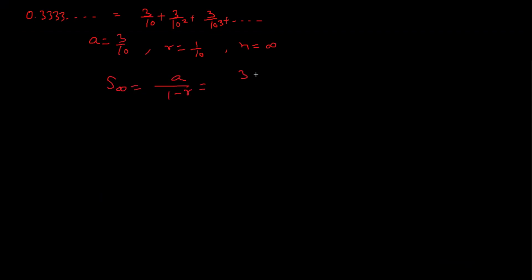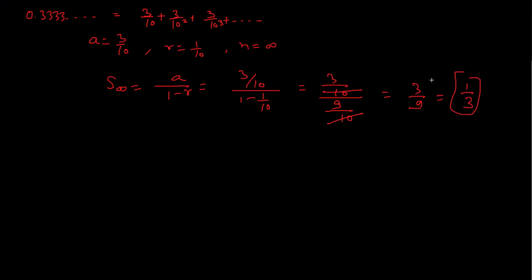A is 3 over 10, 1 minus 1 over 10, that is 9 over 10. 10, 10 cancel, 3 over 9, which you can write as 1 over 3. Okay, so 1 over 3 is equal to 0.3333, right?